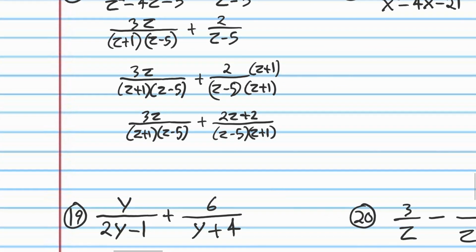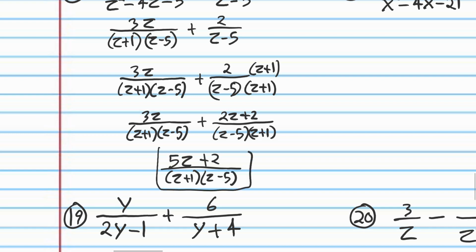So 3z plus 2z is 5z. Then we have our plus 2. And we're done. So if you got that answer, good job.